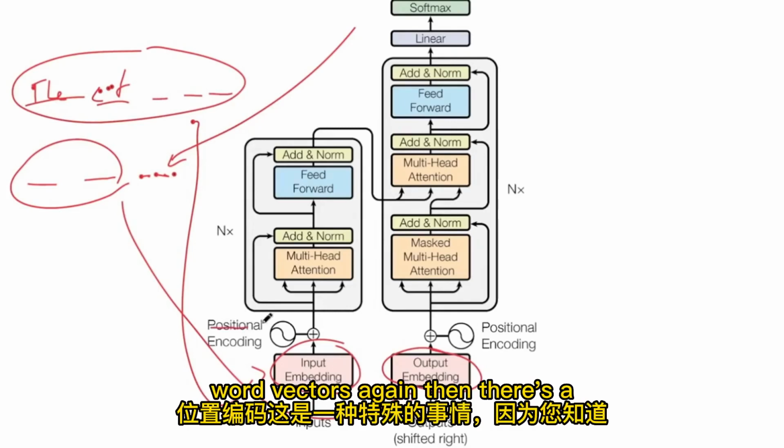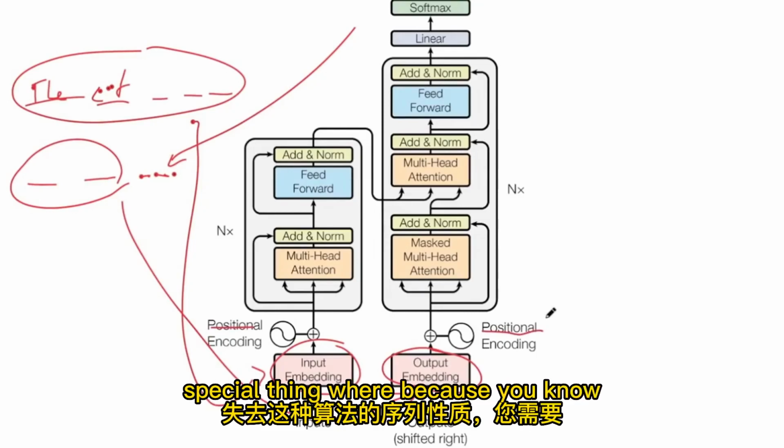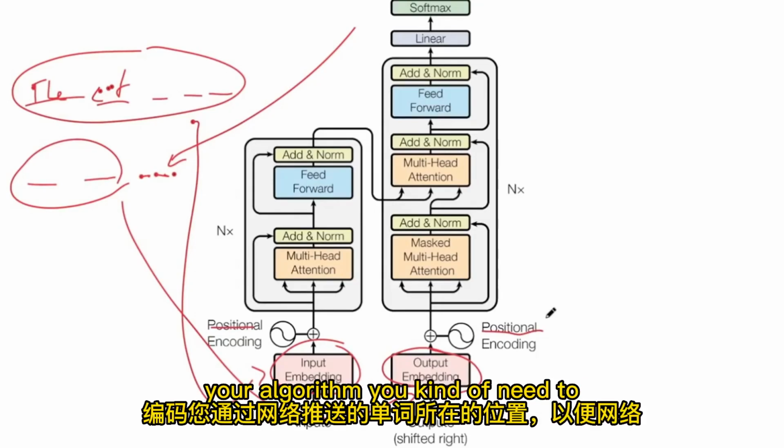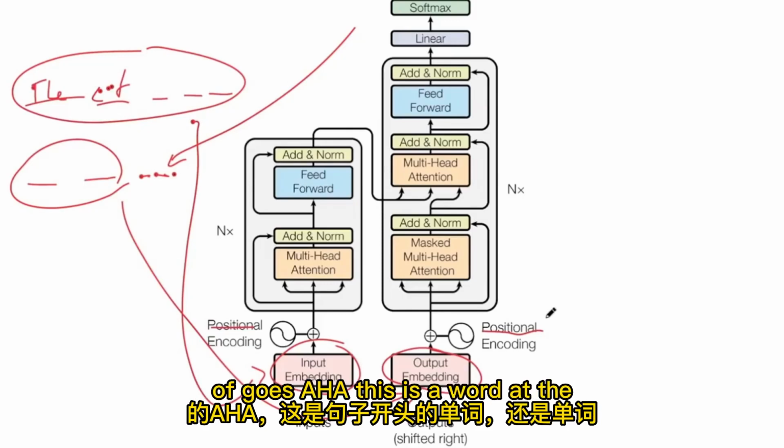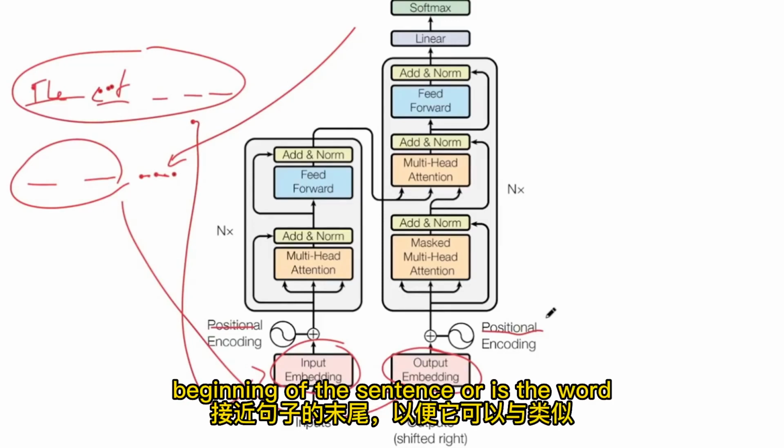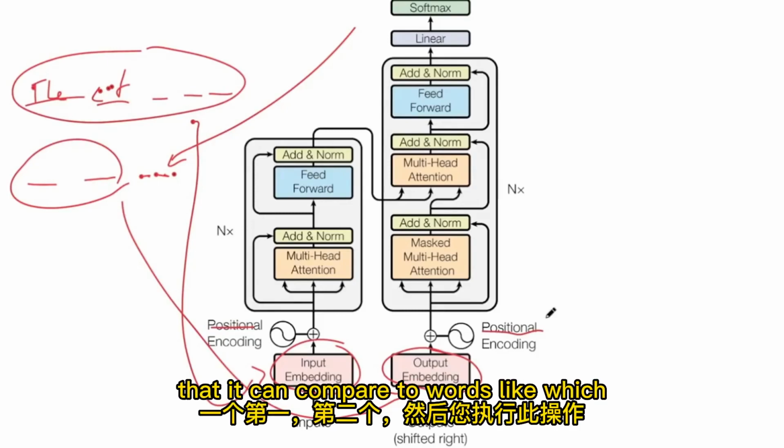Then there's a positional encoding. This is a special thing where, because you now lose the sequence nature of your algorithm, you need to encode where the words are that you push through the network. So the network knows, this is a word at the beginning of the sentence, or this is a word towards the end of the sentence, or that it can compare two words, like which one comes first, which one comes second.